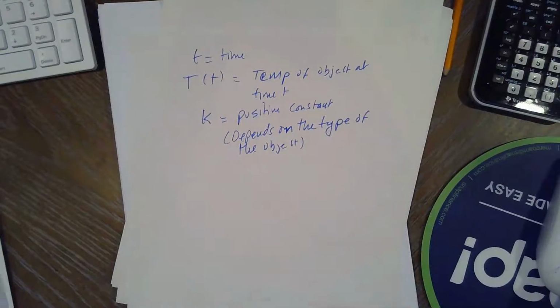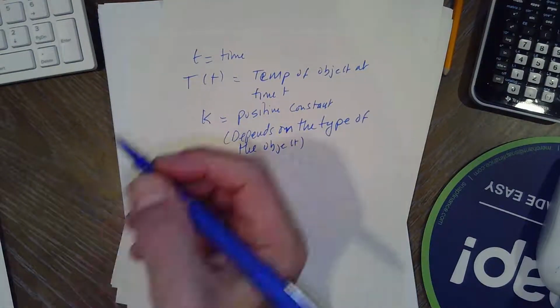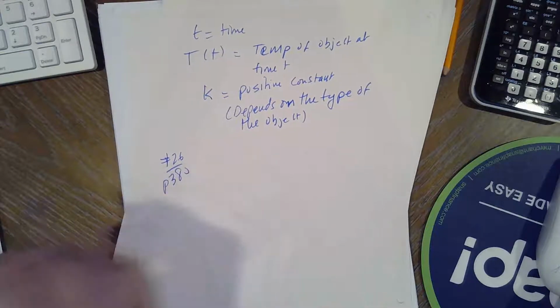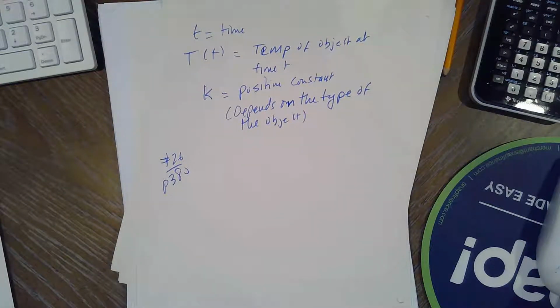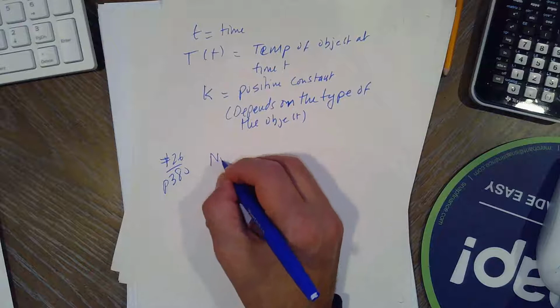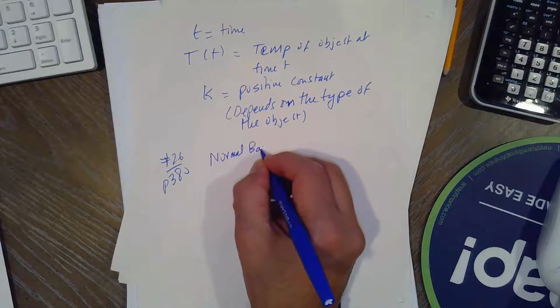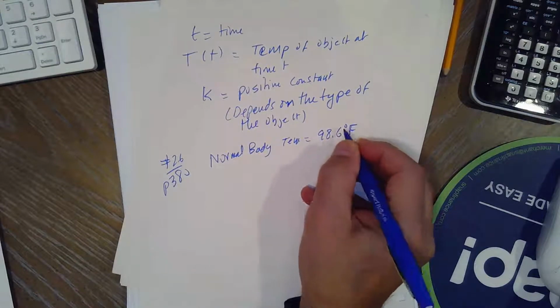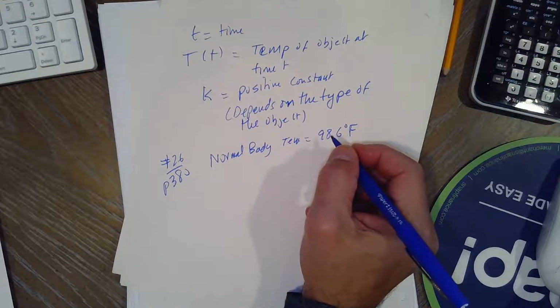So let's see an example about that. Number 26 from page 380. Newton's law of cooling is used in homicide investigations to determine the time of death. The normal body temperature is 98.6 degrees Fahrenheit. Immediately following death, the body begins to cool.